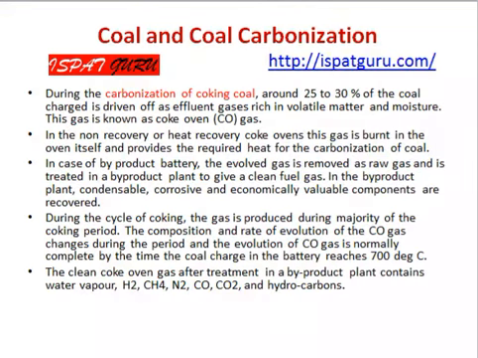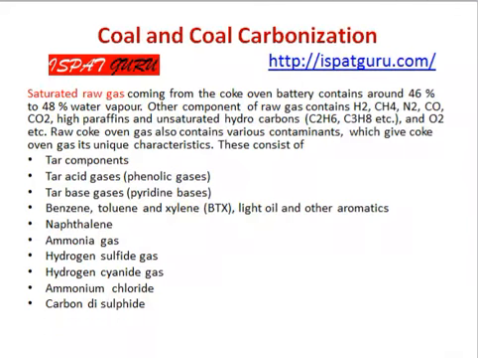The clean coke oven gas after treatment in the byproduct plant contains water vapor, hydrogen, methane, nitrogen, carbon monoxide, carbon dioxide and hydrocarbons. Saturated gas from the coke oven battery contains around 46% to 48% water vapor.